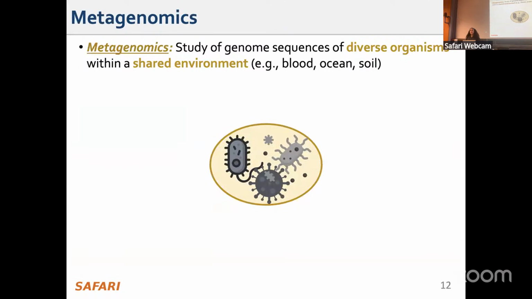So now let's take a look at metagenomics. What is that? It's the study of genome sequences of diverse organisms within a shared environment, such as blood, ocean, soil. And it's quite important to be able to analyze such types of environments because currently, for example, we don't know more than 99.9 percent of the organisms that are covered on the surface of Earth, and actually understanding it.